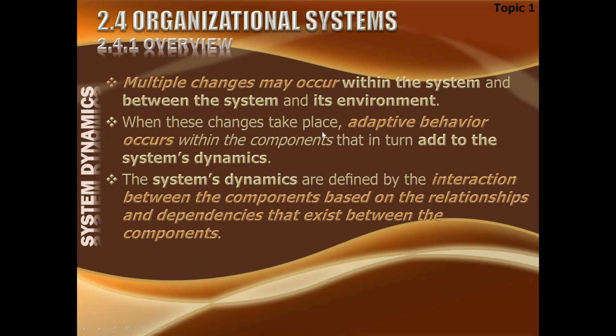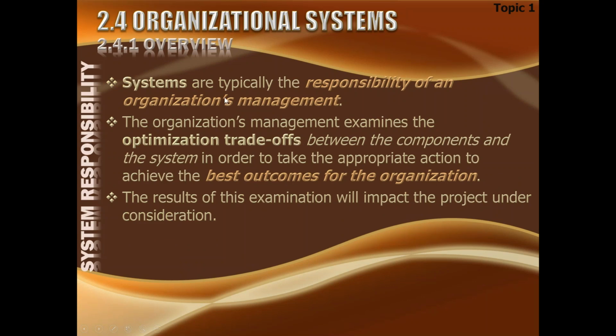So system dynamics are defined by the interaction between the components based on the relationships and dependencies that exist between the components. Systems are typically the responsibility of an organization's management.